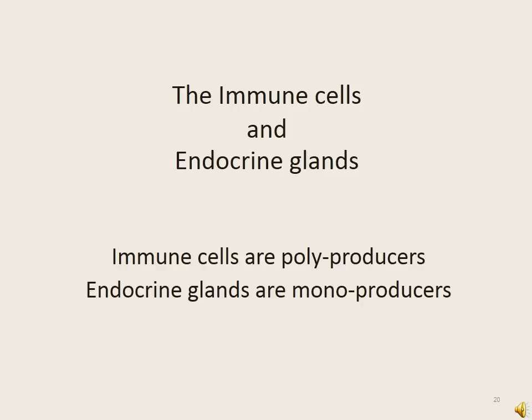So it means that immune cells can produce many cytokines. While the endocrine gland is the monoproducer. That is, one endocrine gland will produce only one hormone.